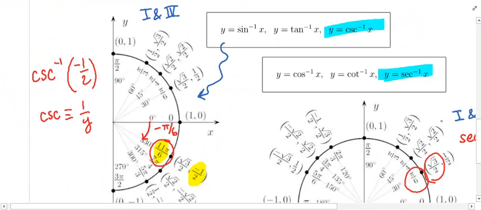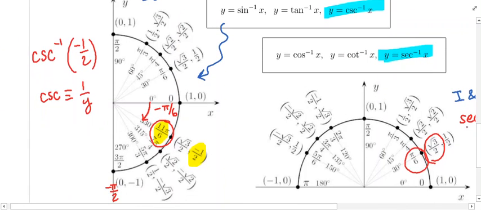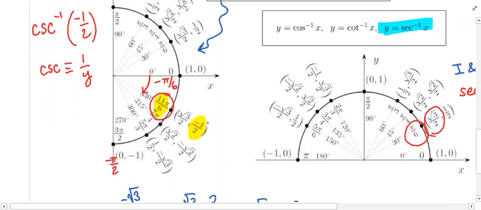So when you look at this, if you do 1 over the y-coordinate here, do you see one of these guys that's going to give us a cosecant of negative 1/2? Now be careful here. This is negative 1/2, but you would have to do 1 over the y-coordinate, so that would be negative 2.